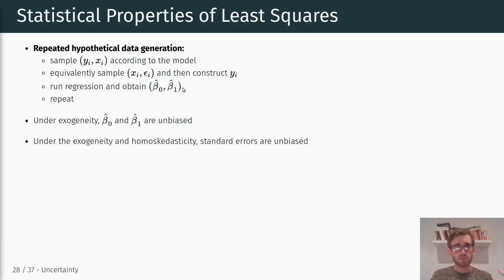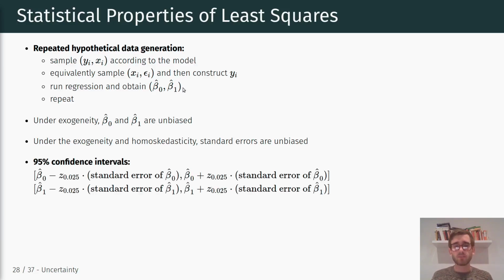So similar to the examples that we went through with our X bar and population proportions, we can compute, for example, 95% confidence intervals around our intercept and around our slope coefficients by subtracting and adding the standard error times our critical value for a given significance level, here the 95% level.